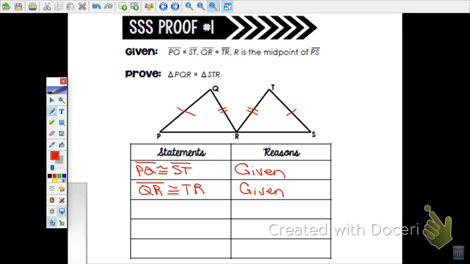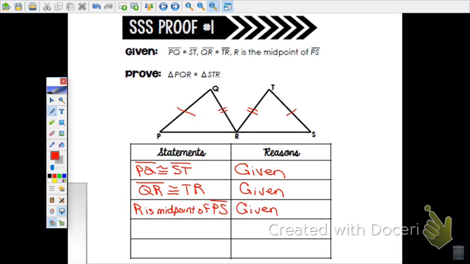And then my third given is that R is the midpoint of PS. That is given. That's not a congruency statement, so I can't mark anything in my picture yet.